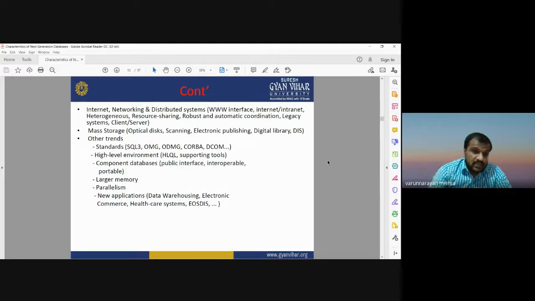It should have larger memory, parallelism, and it should have new applications like data warehousing, electronic commerce, healthcare systems, or EOSDIS. Okay, so these are some of the recent technologies that can be used for the development, and for describing next generation databases.